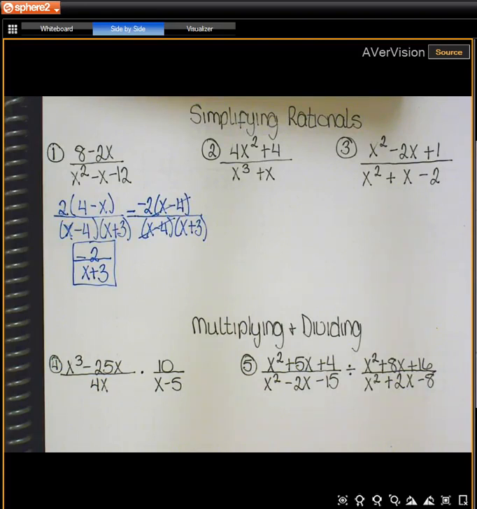Any other questions? If not, take a look at number 2. Let me know what we should do. You guys can also respond in the chat if you don't feel like talking.